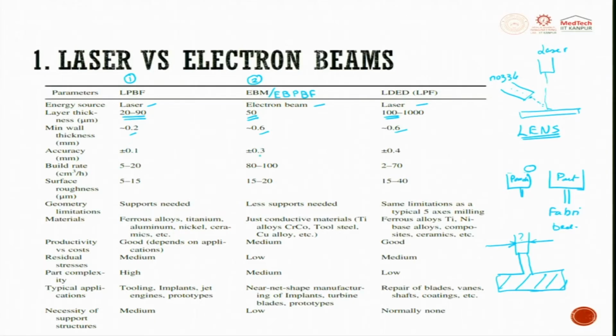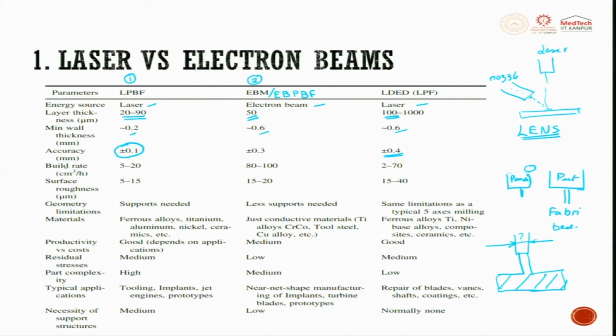Here it is 300 microns, in electron beam melting it is 300 microns, and in laser directed energy deposition it is 0.4, that is 400 microns plus or minus. If you are looking for a very good accuracy, we go for laser powder bed fusion. When you are looking for faster, then we go for electron beam.